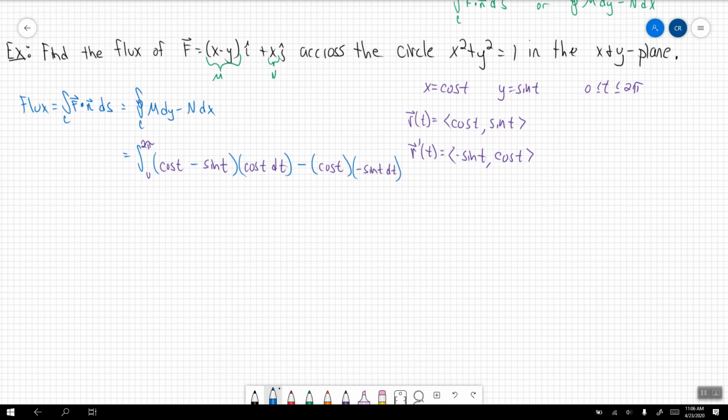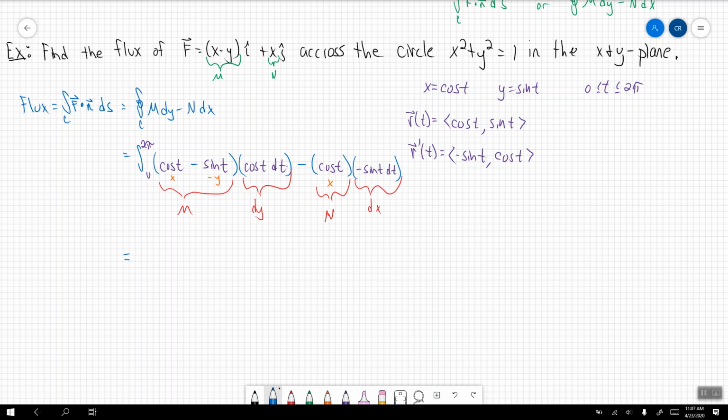And again, I'm going to outline what was taking place here. This in here was this x minus y, and this in here was this x, simply because this portion here was our m, and this portion here was our n. This part here was our dy, and this part here was our dx.